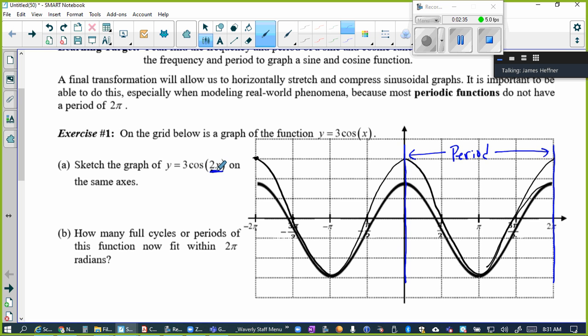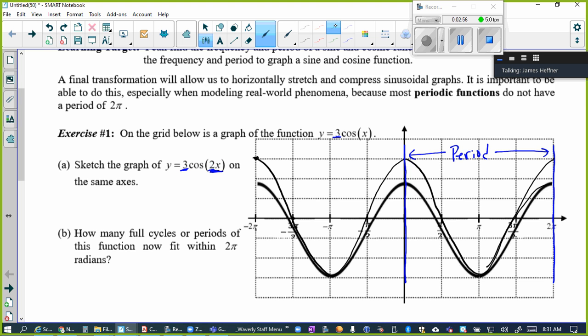It'll squish it tighter, and maybe we'll change the frequency. So we know the 3 is going to be the same, up and down 3 from the midline, okay? But then it's going to occur 2 times faster within a period, if that makes sense. So let's sketch that one.